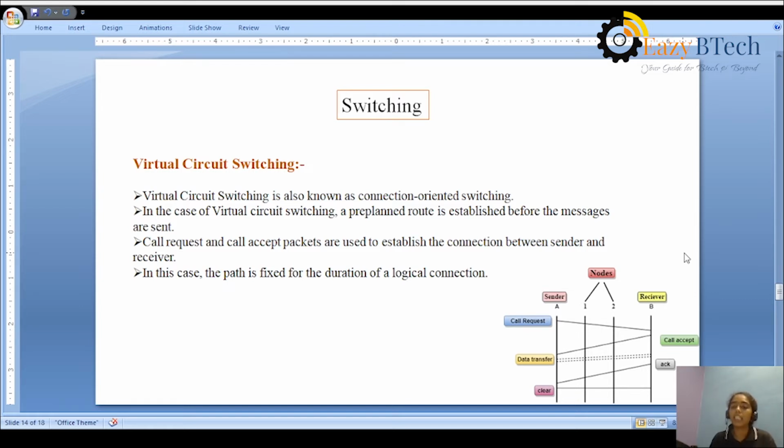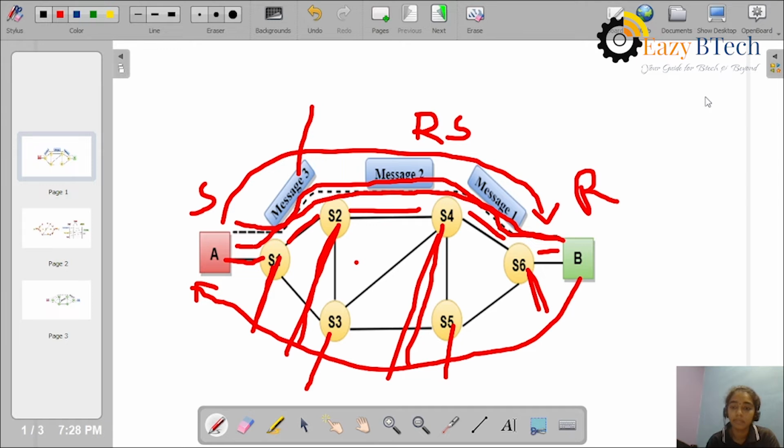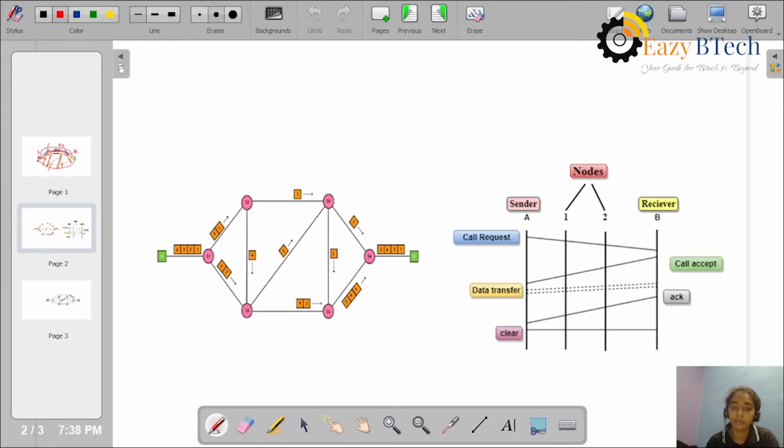Let us see the diagrams of datagram switching and virtual circuit switching, so we can easily identify the difference, and how we can send the packets from source to destination using these two approaches.